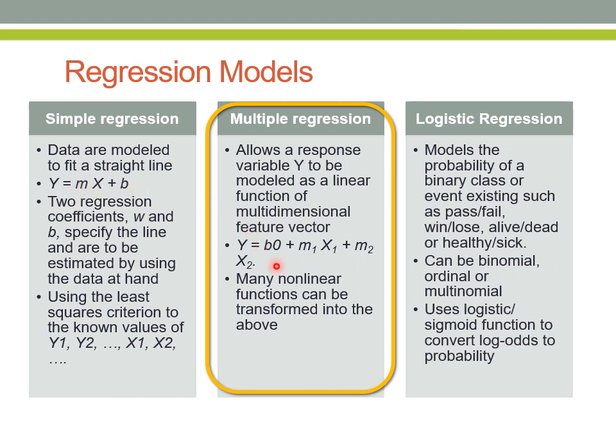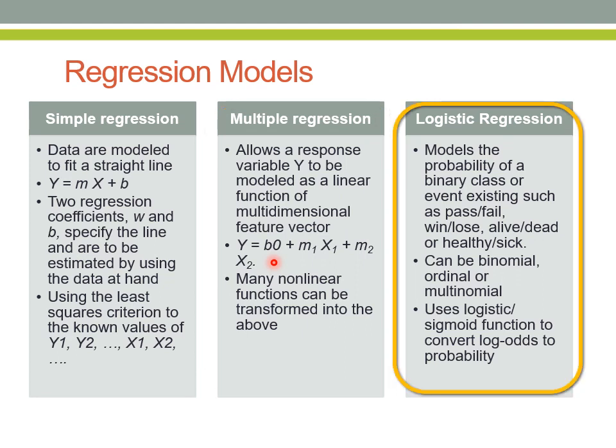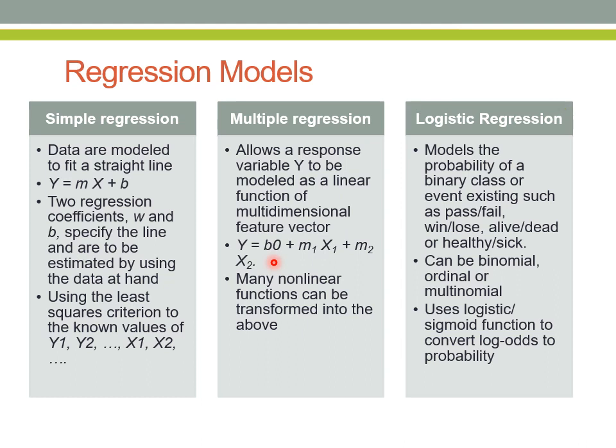With multiple regression, we have multiple input variables. We have an x1, we have an x2, and we also have multiple coefficients, m1 and m2, and so on. Now, logistic and nonlinear regression models use a curved line, which is what we will see later. All in all, though, regression allows you to estimate how a dependent variable changes as the independent variable or variables change.